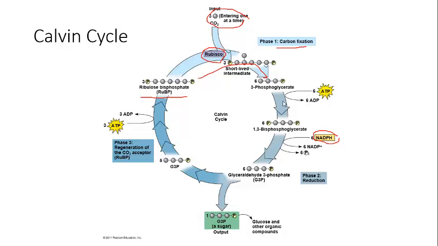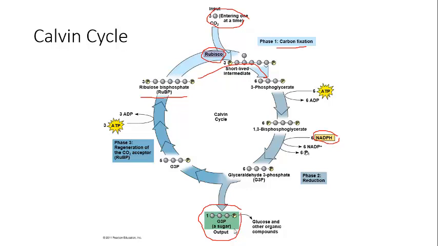So the important part of this second phase is that carbon dioxide is getting reduced. It's being given electrons. The end product is going to be this 3-carbon sugar called G3P. 2 G3Ps can be used to make 1 glucose.